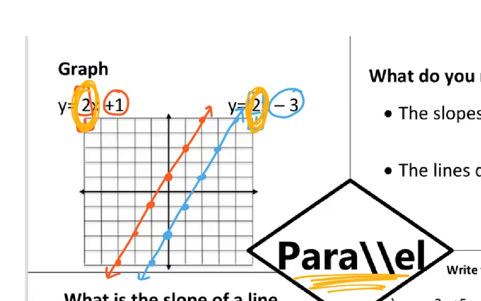So a parallel line means that they will never touch, and they're parallel because their slopes are the same. The number in front of the x is exactly the same for both equations, and their y-intercepts were two different numbers. Same slope with a different back number made it parallel.